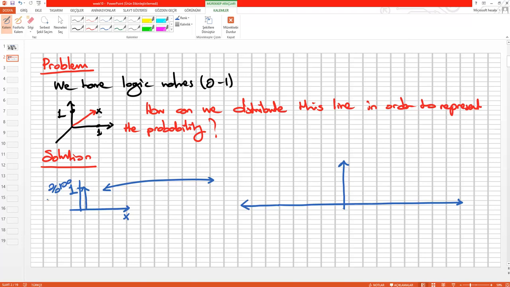Okay? So this logic can be interpreted as an area or the energy of a chance. And if we have this information, then maybe we can derive this kind of probabilistic area here, like this one. Okay?